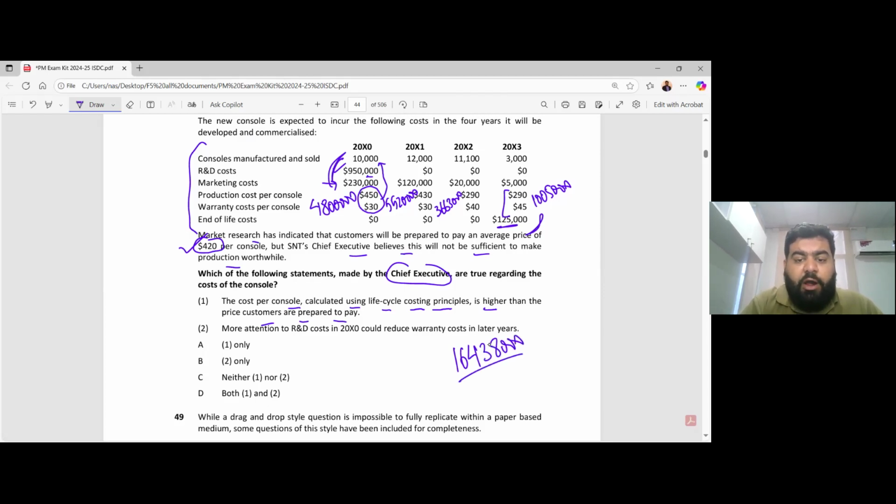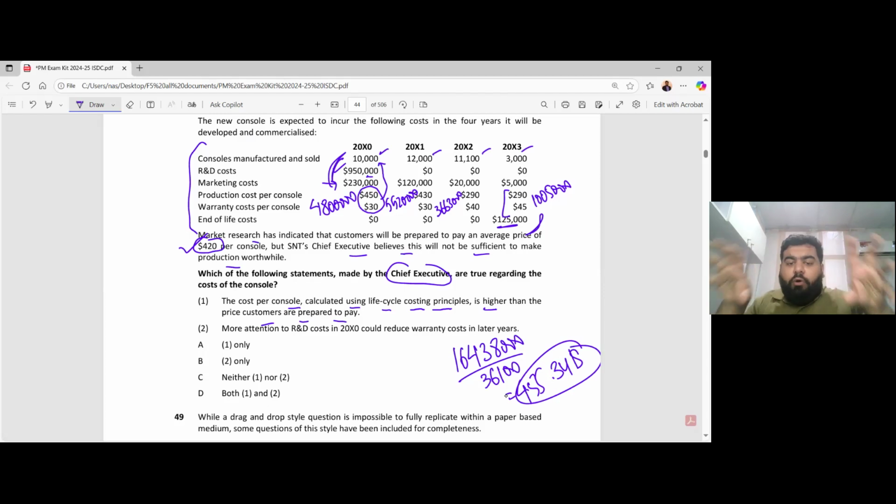When I have added all of the costs, it's 16,438,000, divided by how many consoles you have made: 10,000, 12,000, 11,100, 3,000. That's 36,100 consoles we have made. So 16,438,000 divided by 36,100 is 455.34 dollars per console.